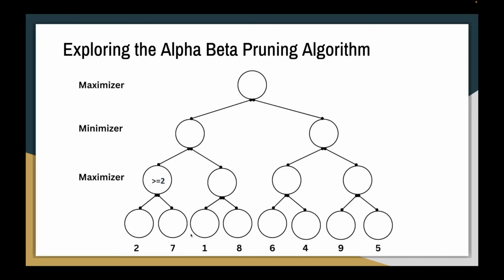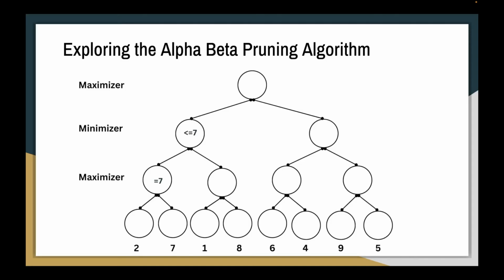Now with the next number, that is 7, which is greater than 2, it will take the maximum value, and now the maximizer will look for greater than or equal to 7. Now the minimizer sees this value and it will try to go for less than or equal to 7.